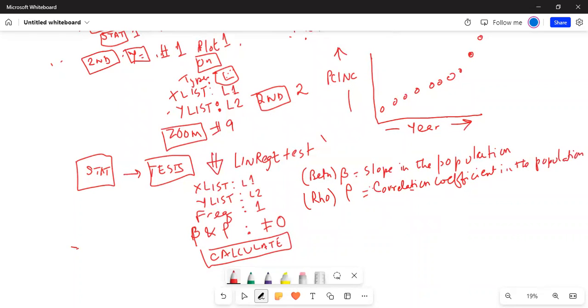So you're doing the test for the significance of the correlation coefficient. That was one of the questions: significance of the correlation coefficient.